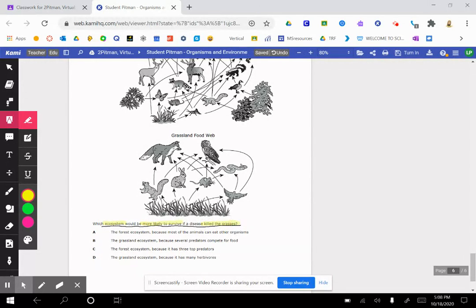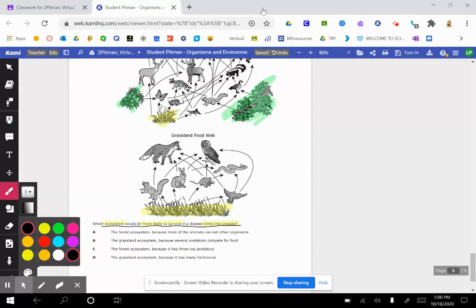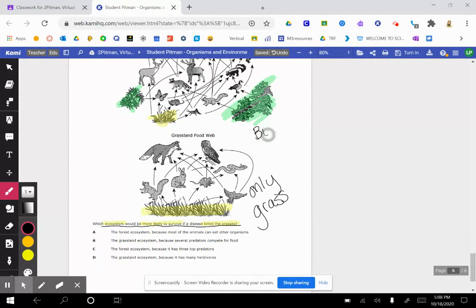So first, I'm going to look. This is grass. This is grass. But these over here are not grasses. Okay. So this one has only grass. And this one has, I don't know, bushes or shrubs too.